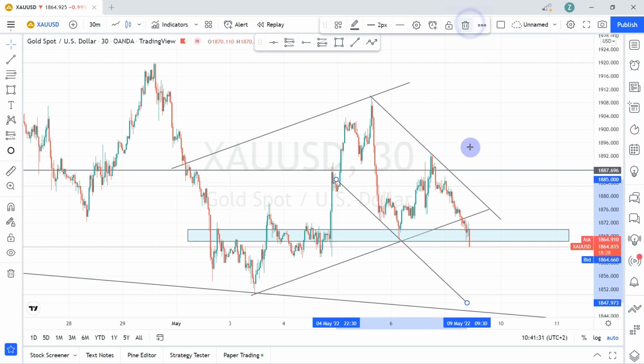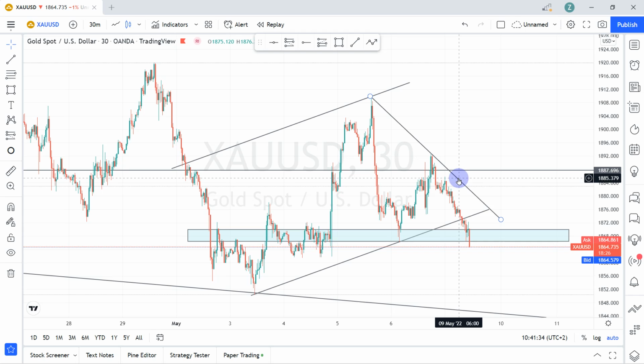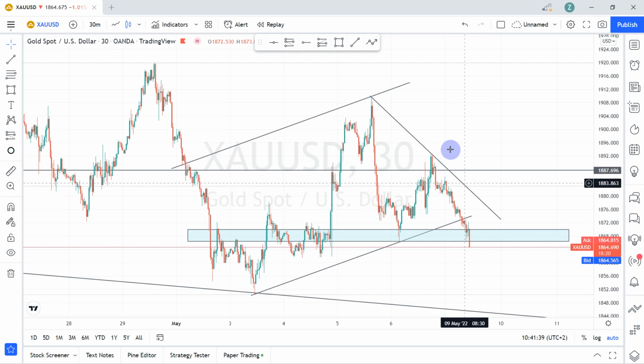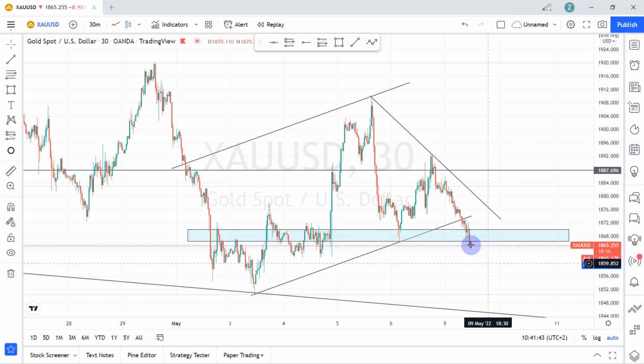Okay, I can leave this one. I can leave this trend. So now the market is breaking out of our zone, as you can see.